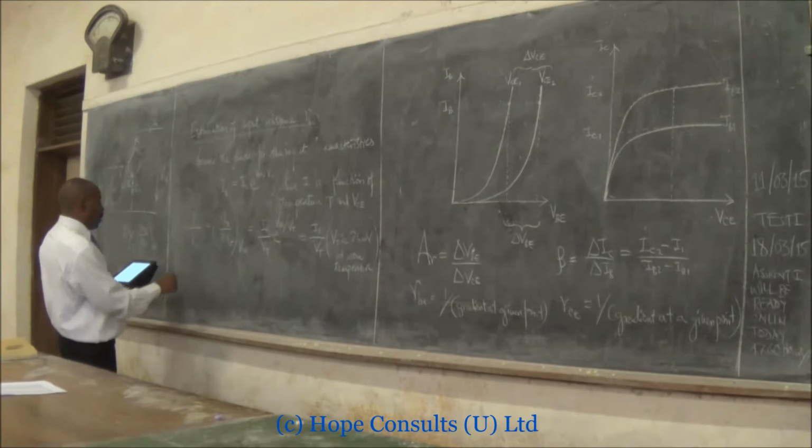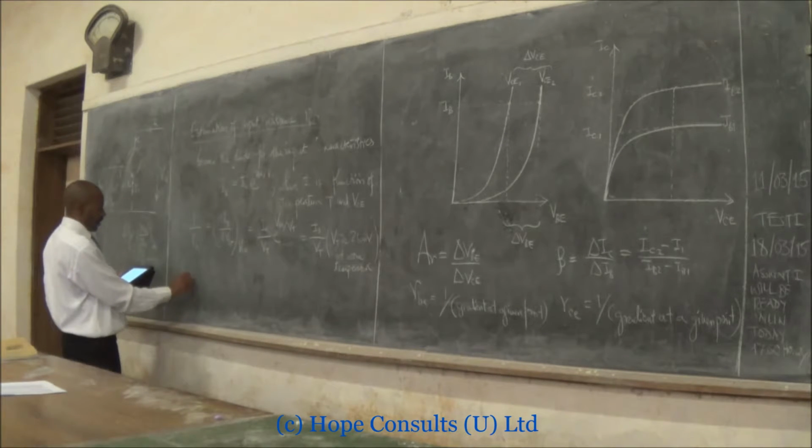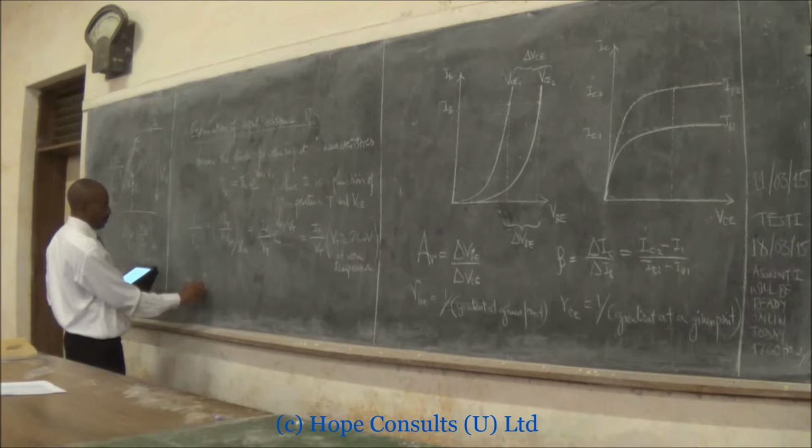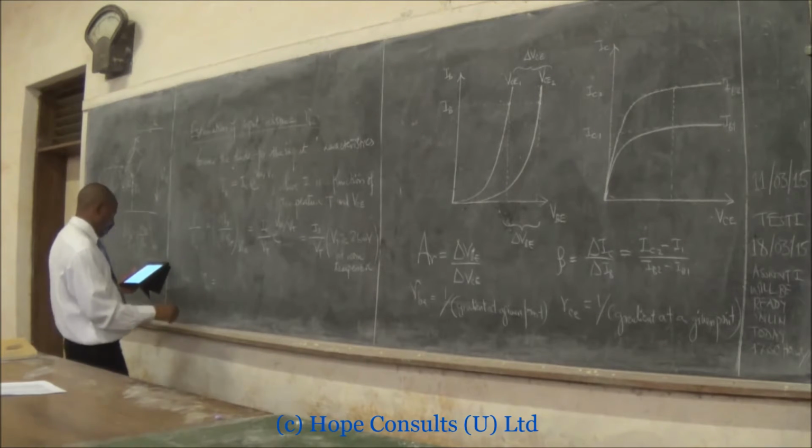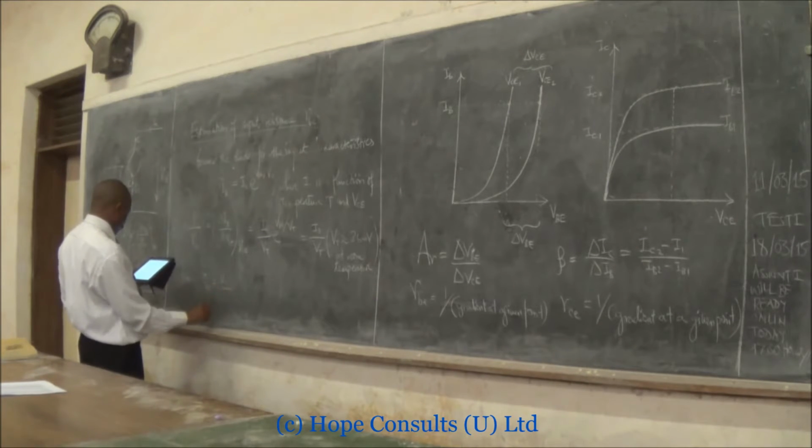So that means our RBE is equal to VT over IB because it was reciprocal.